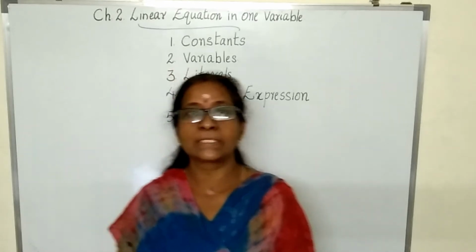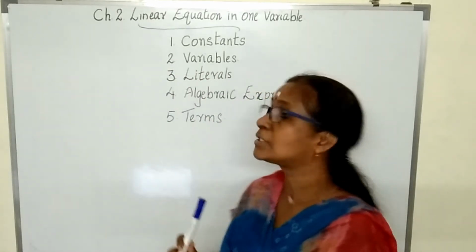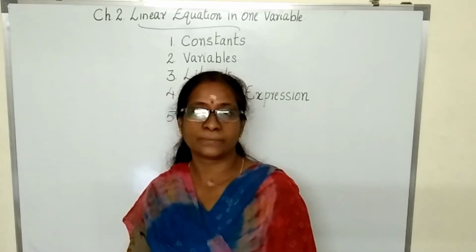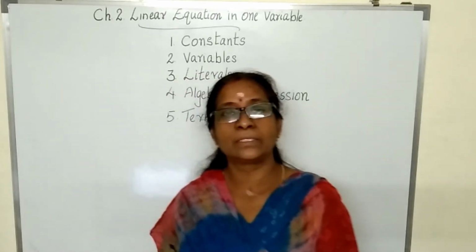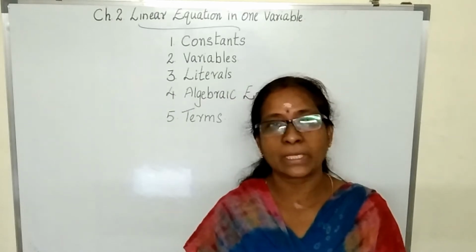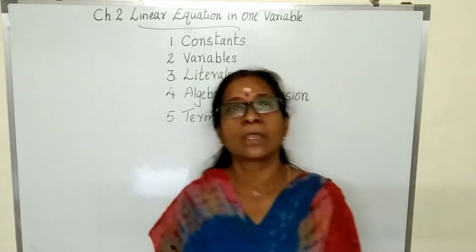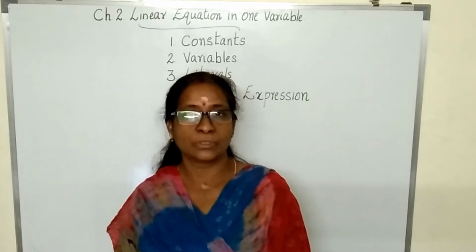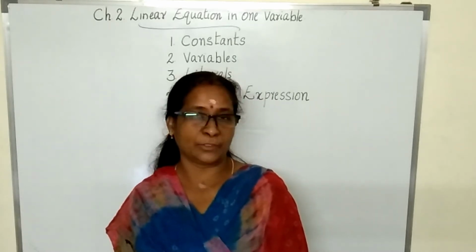Now, some of the concepts. The first concept is constants. What are called constants? Constants are the numbers or the quantities which have a fixed numerical value. They will not change their values.